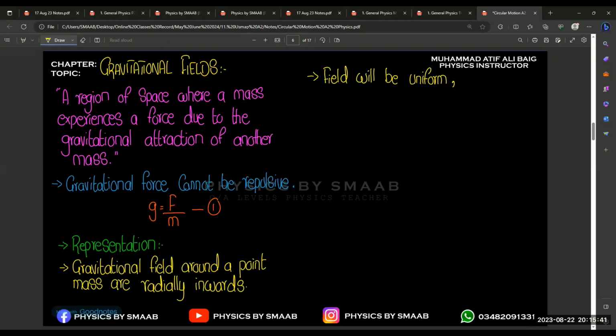It means that the field strength remains the same everywhere, or we can say at all points. Clear? Any confusion till now?